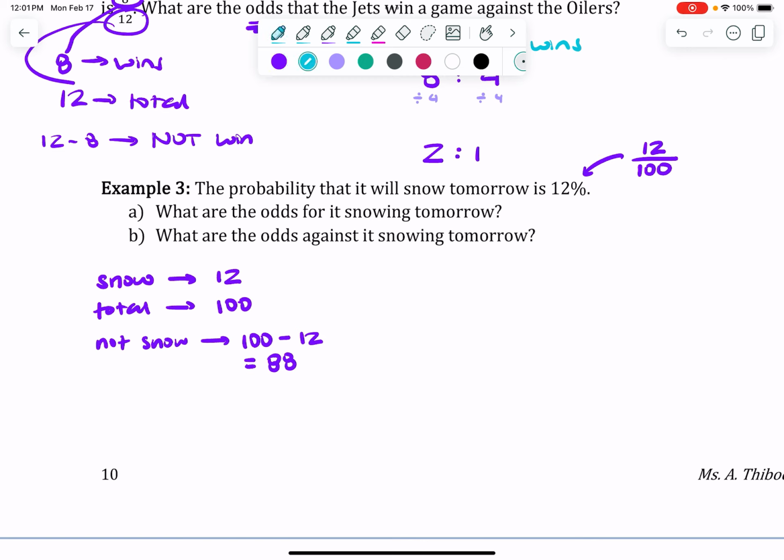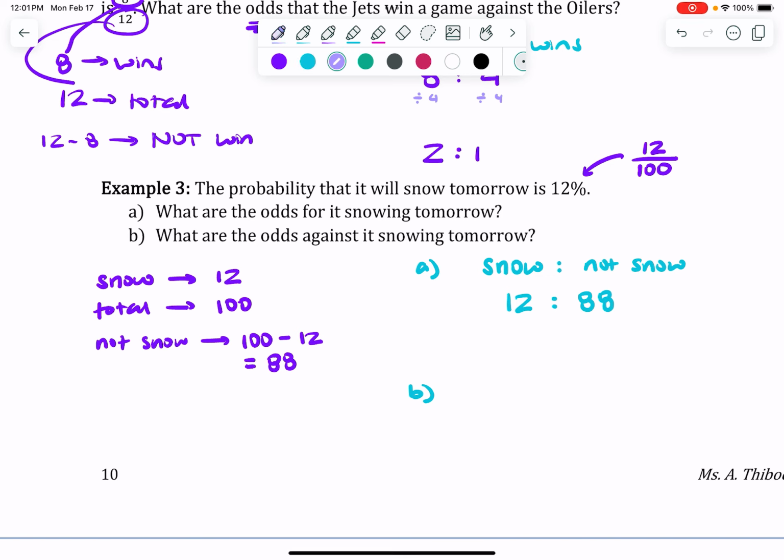Now I'm asked for two things here: the odds for and the odds against. The odds for means I want the ratio of snowing to not snowing, which means I have 12 to 88.